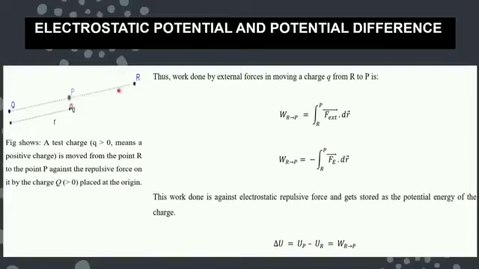So when I want to bring it close to capital Q charge, I have to apply some force, and for that of course some work is to be done by me to move this test charge from one position to another position, from R to P, and this work done of course is stored as the electrostatic potential energy, and this work is done against the electrostatic repulsive force.